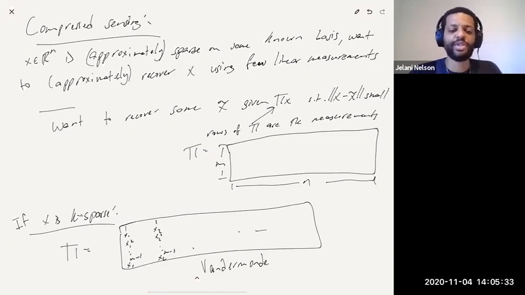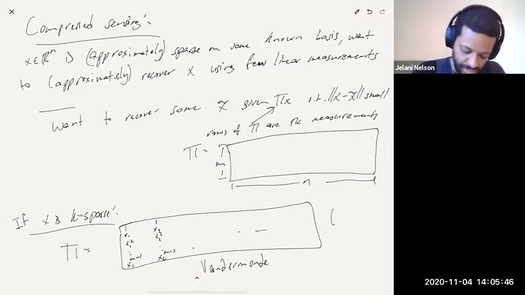As long as you choose the xi's to be distinct, it's invertible. So as long as m is at least 2k, as we saw last time.